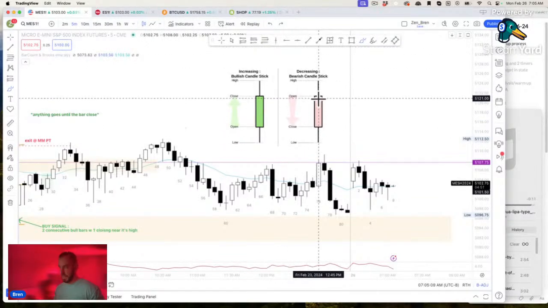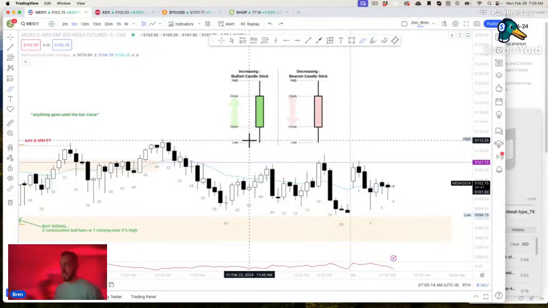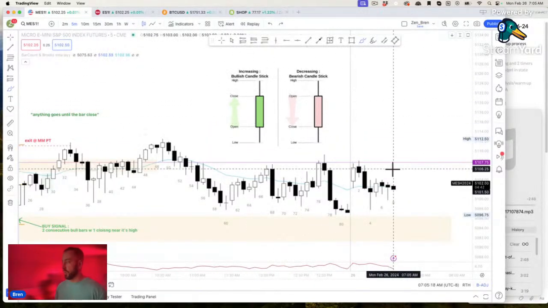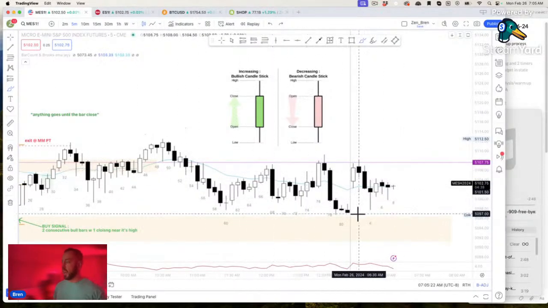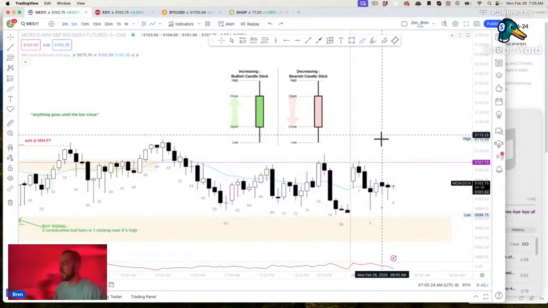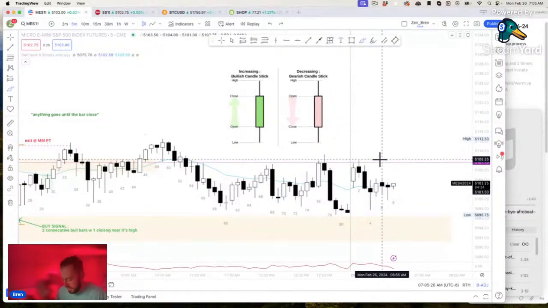If it's a red candle, it starts up and then goes down. If it's a bullish candle, green, then it starts low and goes up, okay? So that's what we're talking about here with these candlestick charts. And as you can see on my chart, I've got a couple indicators. By the way, this is going to be the trading channel with the best music. You mark my words, okay?